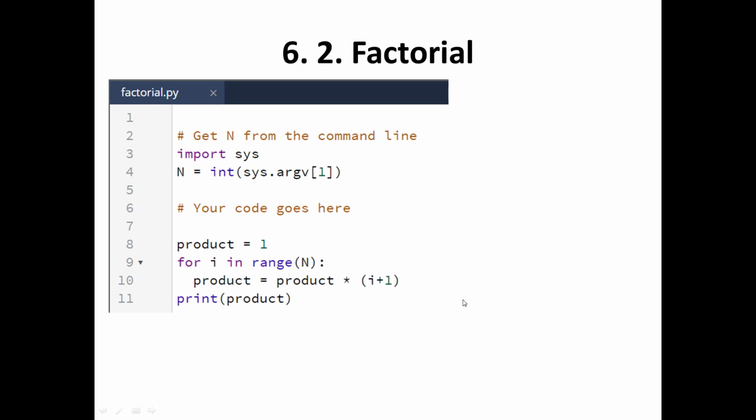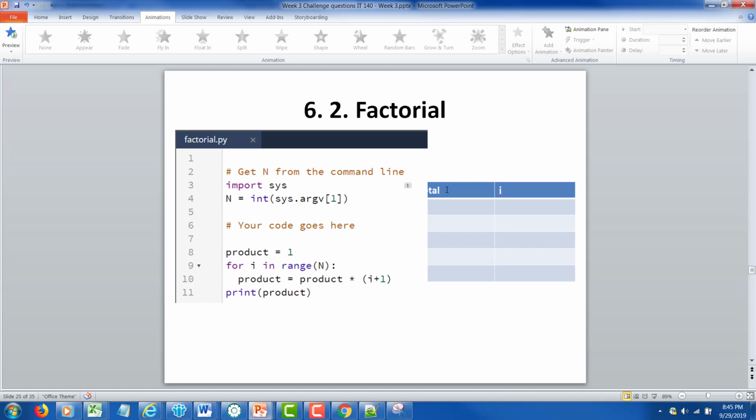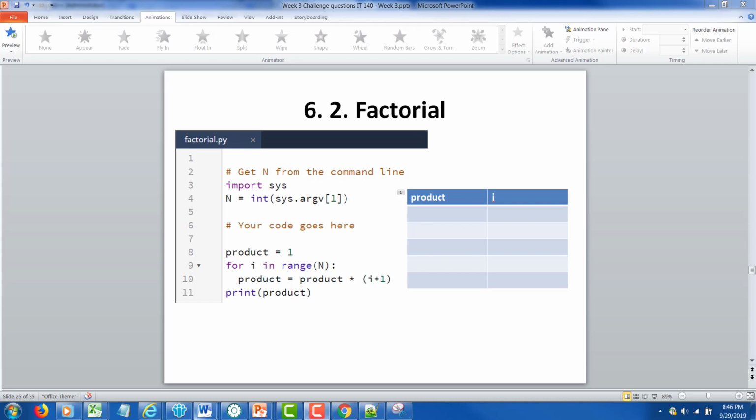Now for this to make a little bit more sense, let's include a little table here. So in this table we're going to put our value of product and we're going to put our value of I. So the first time we go through the loop, product is going to equal a value of 1.